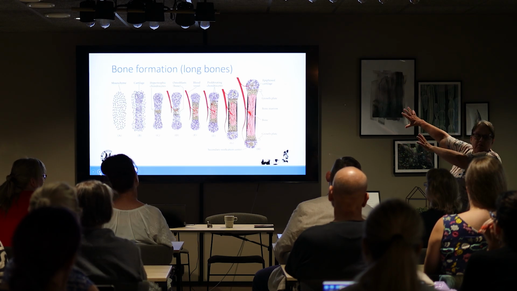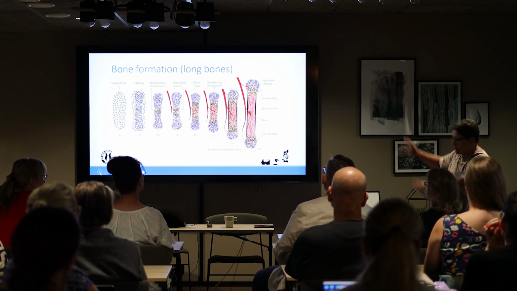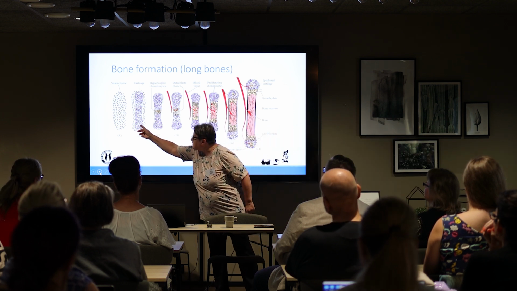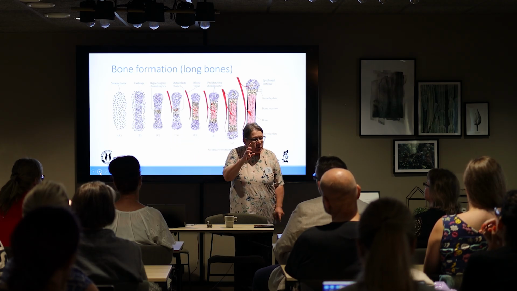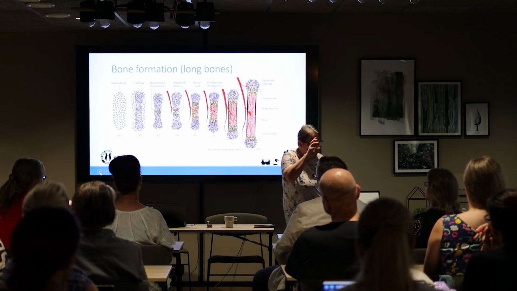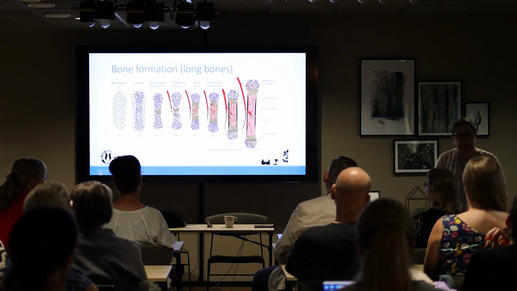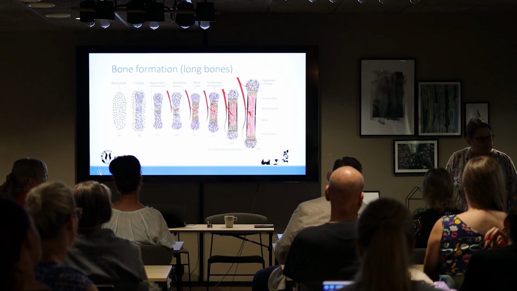FGFs are one of the genes or proteins that are regulating this process, especially this phase. Now, if we have an FGF retrogene in the genome and it is expressed, there is going to be an extra copy of FGF.